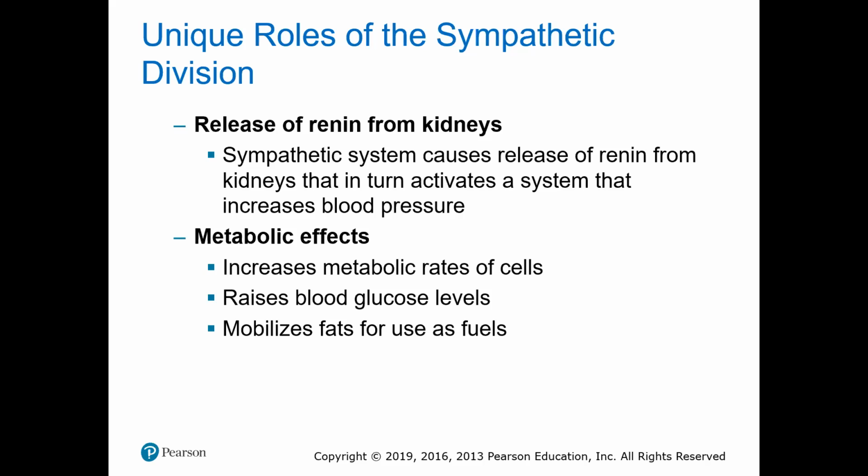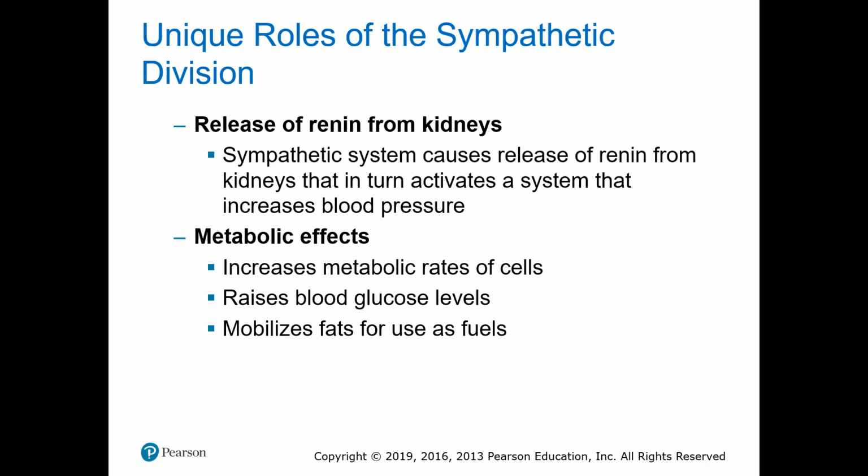Renin is a chemical released by the kidneys that can trigger a rise in blood pressure. You'll hear all about that in AP2 also. But the kidneys actually can play a major role in raising blood pressure when we need to. The sympathetic system can also trigger the release of glucose from the kidney and from the liver.